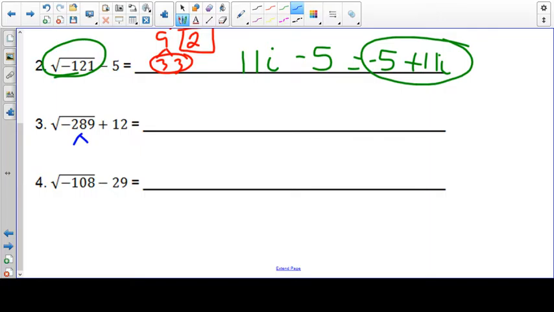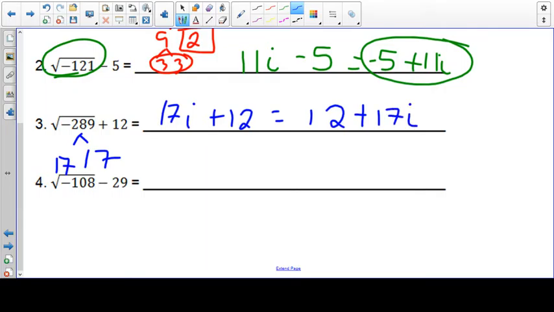Haha. Took me a little bit. But this will give me 17 and 17. So that one's a perfect one. For some reason, that number didn't jump out of my head. So I literally sat there dividing numbers until I got 17. So I have 17i plus 12, which if we rewrite is 12 plus 17i.